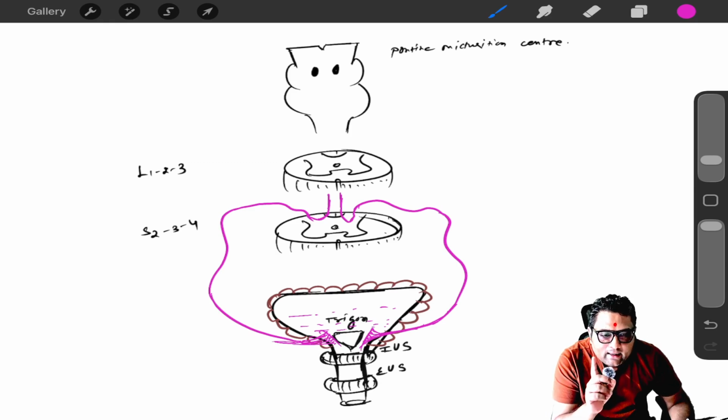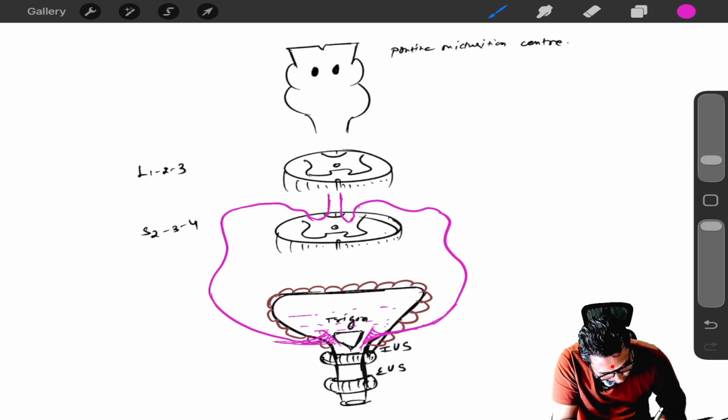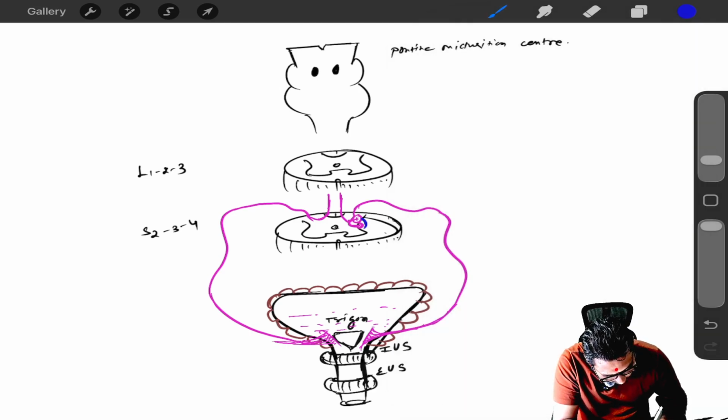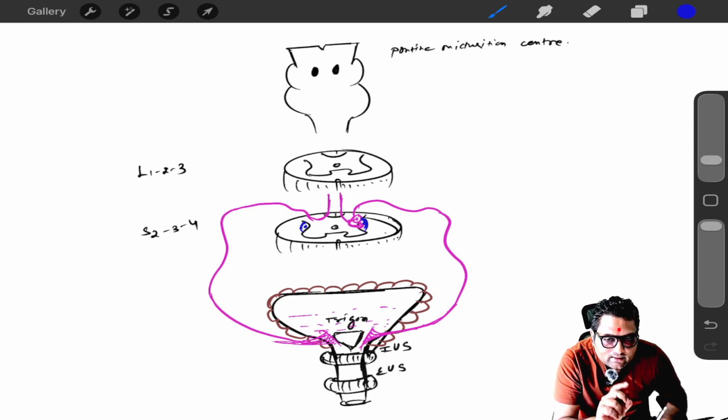Now while entering through the posterior gray horn, these sensory nerve fibers also communicate with the intermediolateral horn. Through the intermediolateral horn of the sacral segment, preganglionic parasympathetic fibers come out.